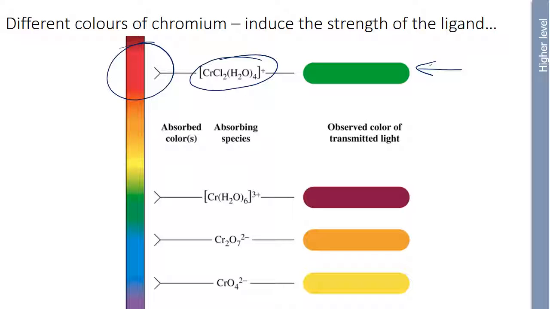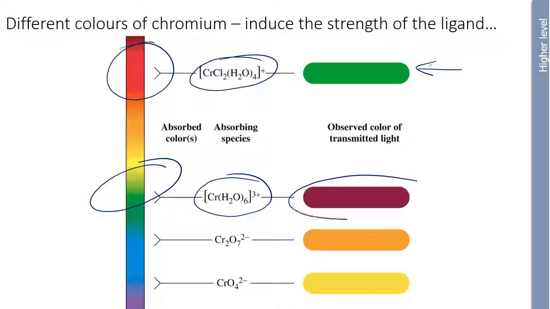But as you go on, by now adding, I guess, stronger ligands, like now you've substituted with 2 more waters, that's going to require a larger split. So you're absorbing in the green region and therefore transmitting in the kind of red burgundy region, high energy. And as you increase the strength of a ligand, it requires blue and purple.